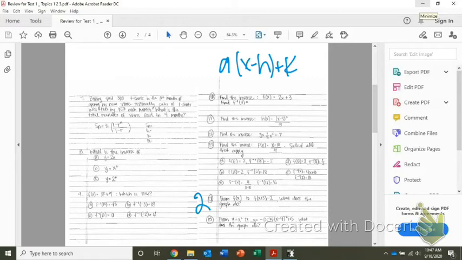When h is negative, it moves to the left. So f of x plus 3 means we move to the left. Now, that minus 2 on the outside, that's our k value. K values are easy. If they're positive, it's moving up the y-axis. If it's negative, it's moving down. So this is going down 2.